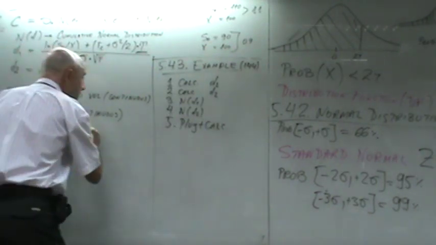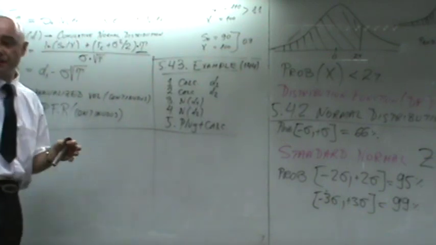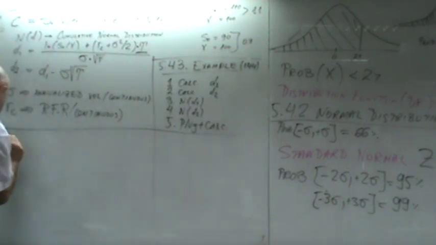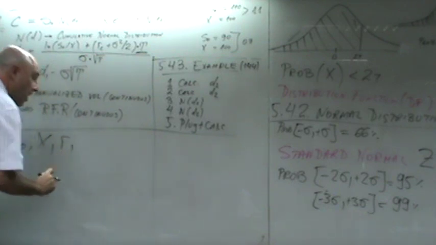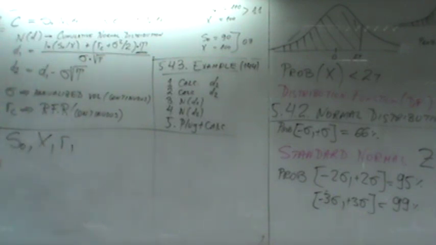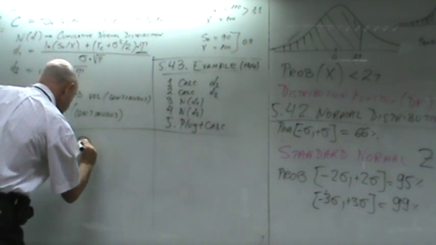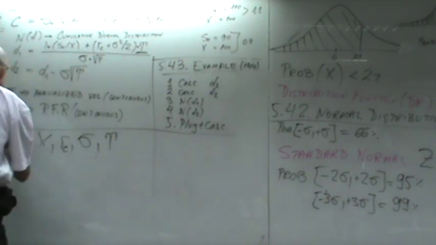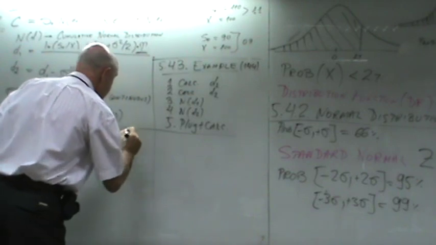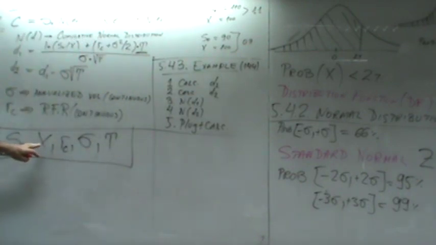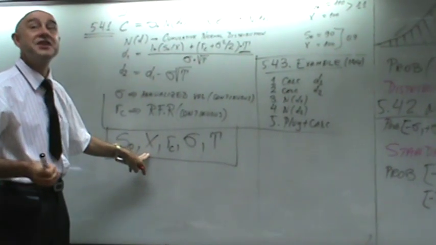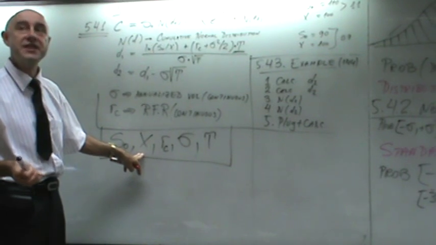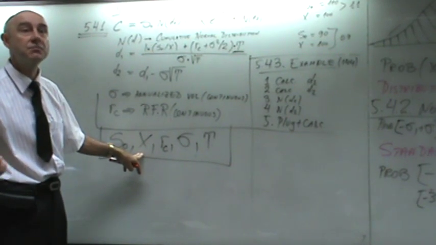Because I've been repeating many times, the 5 numbers are very simple: S0, X, R or RC, sigma, and T. And these are the 5 variables of the Black-Scholes formula. And these are exactly the same variables as the binomial model.